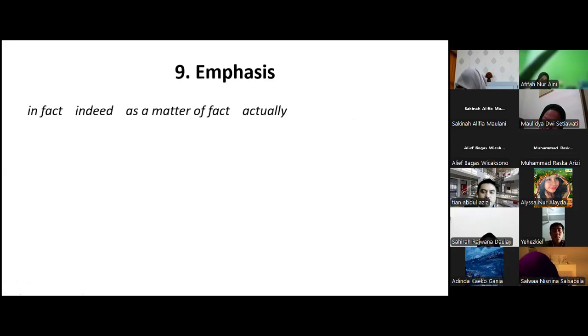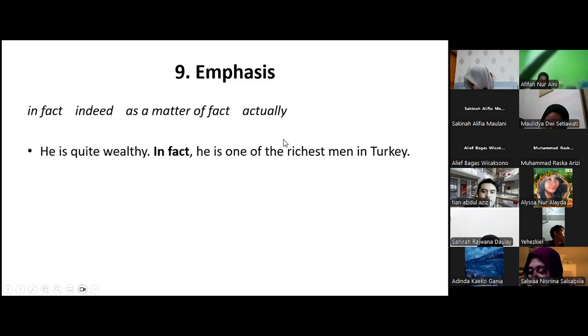I think it's the last: emphasis. Emphasis means that we highlight the importance of something. Here we use connectors such as in fact, indeed, as a matter of fact, and actually.